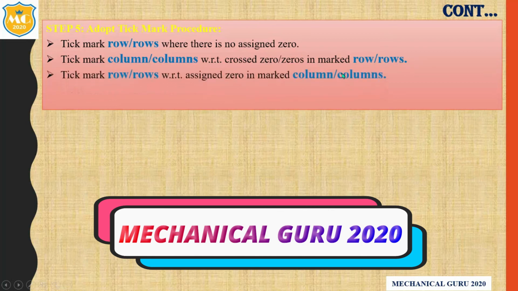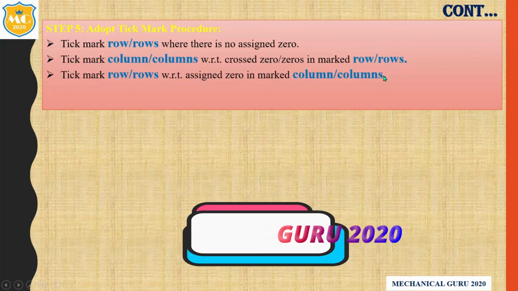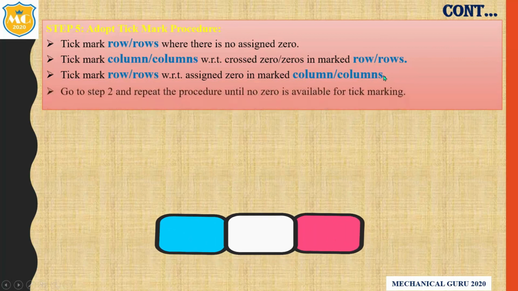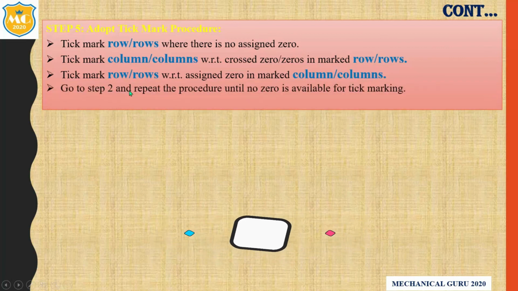After that, tick mark rows with respect to assigned zero in a marked column or columns. Okay, and go to the step number 2 and repeat the procedure until no zero is available for tick marking.